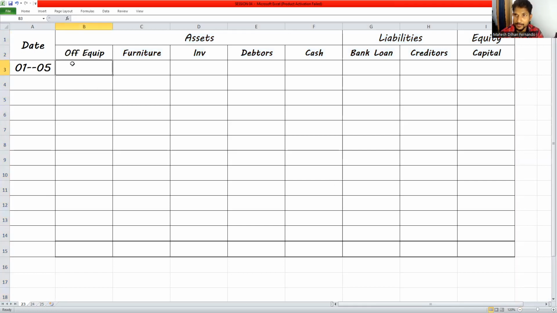Now what happens? The owner has invested capital in 2 forms. One is office equipment, plus 240,000. Apart from that, he has invested 60,000 in cash.